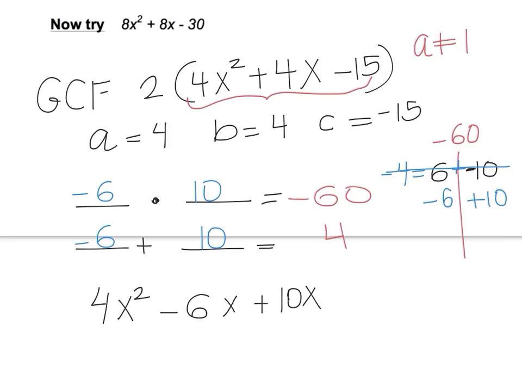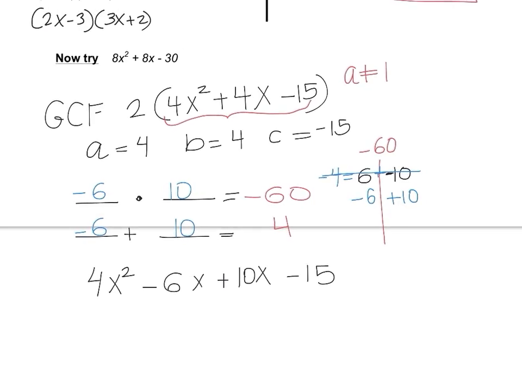Because look guys, if you combine those two terms, negative 6x plus 10x, you will get 4x. So you're not really changing the expression. And now copy down the constant, negative 15. Now, I didn't forget about the 2. We'll come back to it later. So once I factor the trinomial, I can put 2 in front of the factors that I find at the end, okay? But don't forget about the 2. Now let's move on.